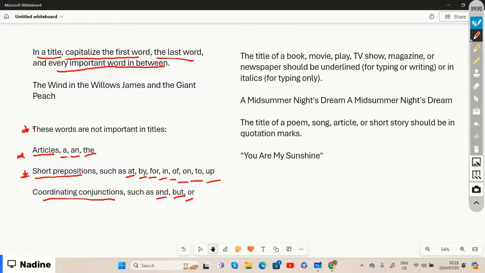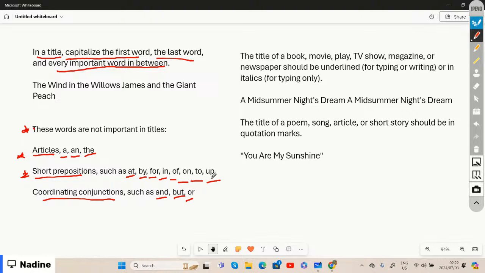And once again, coordinating conjunctions will only be capitalized if they are the first word of a title. If they are anywhere in the middle of a title, then they will not be capitalized.